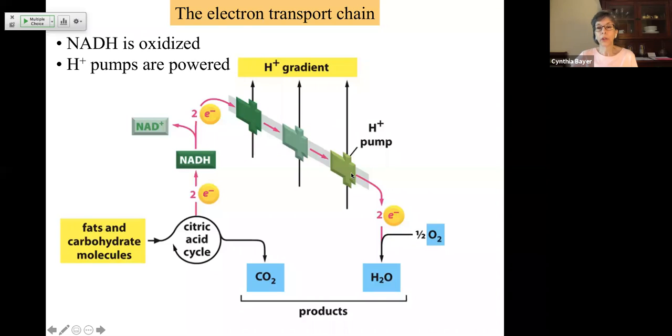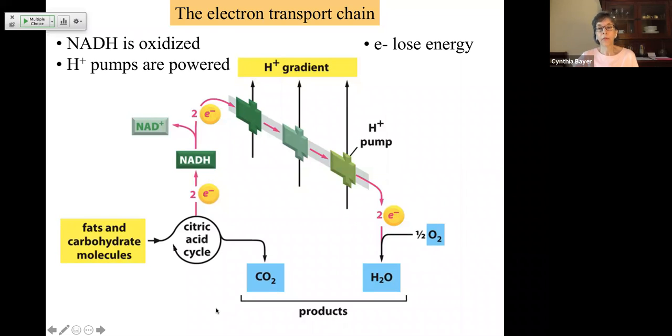This electron transfer, the little pink line, can only occur in the presence of oxygen, because oxygen has a strong affinity for electrons. And as those electrons have moved down and lost energy at each step, the low energy electrons are accepted by oxygen, which then will combine with protons in the matrix to form H2O.